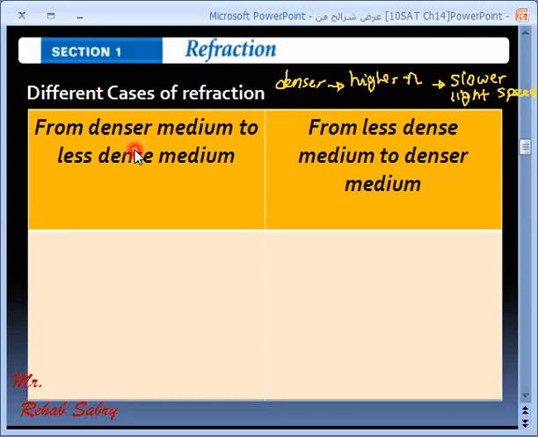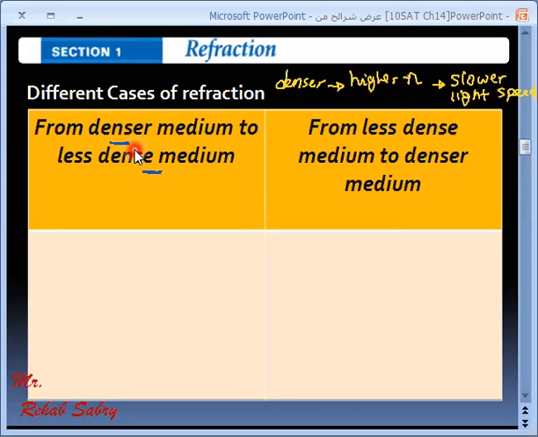So denser medium means higher refractive index, means slower light speed, okay? And shorter wavelength also. Well, so if the light transfers from a denser medium to a less dense medium, let's see what will happen.